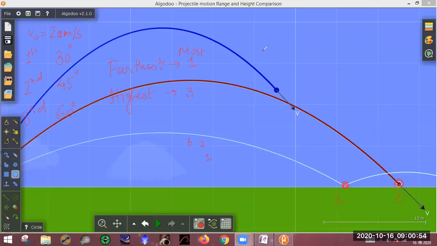And now the third one, what do you think? What is going to happen with the third one?